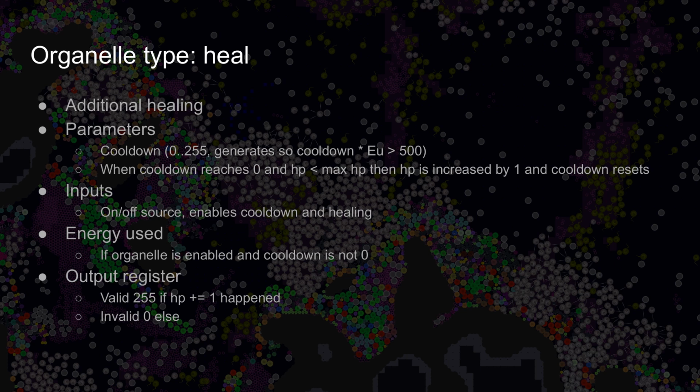The cooldown generates in a way that the product of the cooldown and energy used per game tick will be greater than 500. The input of the organelle enables the counter and healing. Energy is used if the cooldown counter is not 0 and the organelle is enabled. Output is valid 255 if a heal event happens and invalid 0 otherwise.